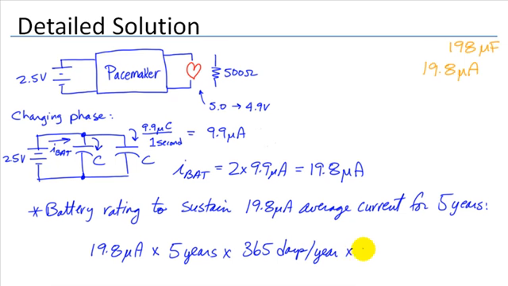So we need 19.8 microamps times 5 years, and I resolve that into hours, taking the product of that entire number. We have 0.867 amp hours, and that's a rating of the energy capacity of the battery.